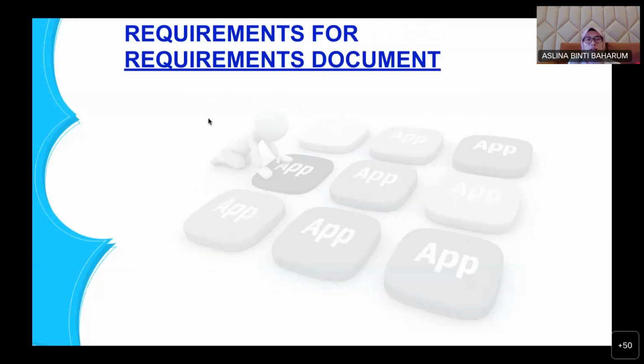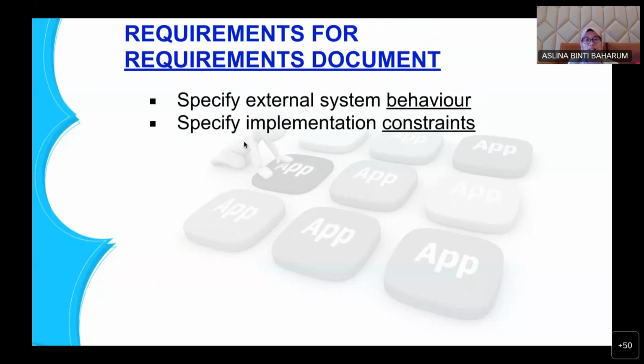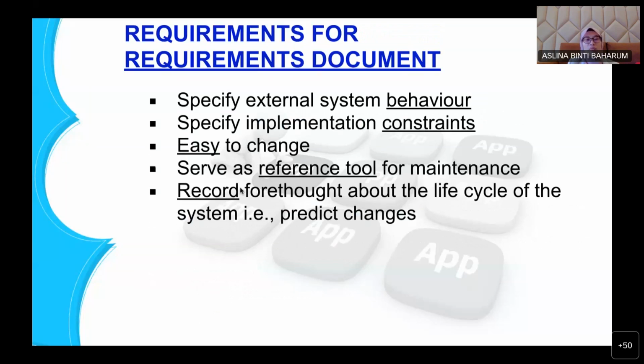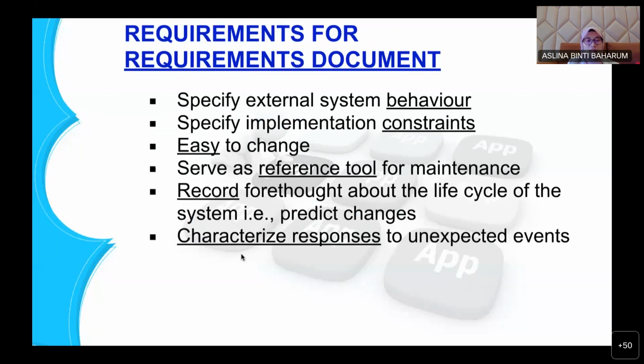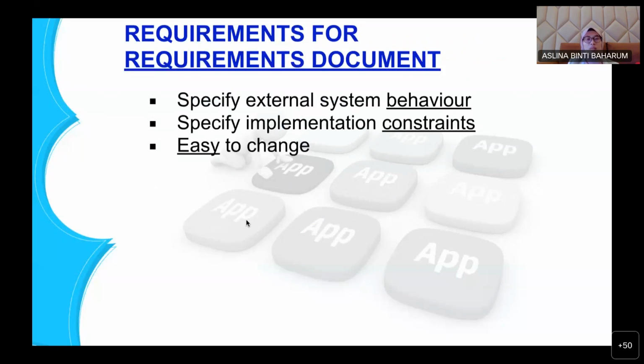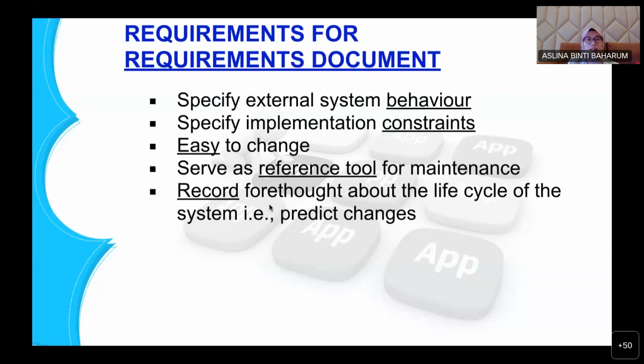Your requirements document should specify external system behavior, specify implementation constraints, be easy to change, serve as a reference tool for maintenance, and record the life cycle of the system, for example predicted changes, characteristics and responses to unexpected events. So this one is just a checklist, right? It should consist of all this. Okay.